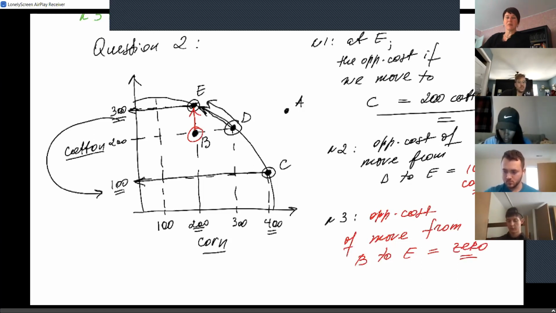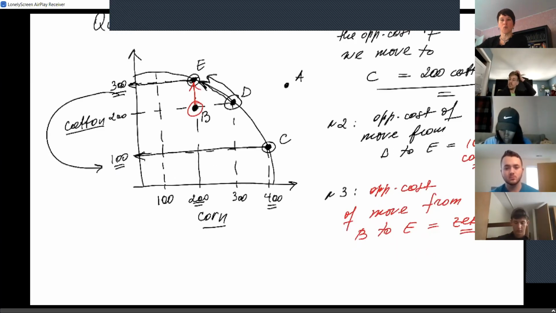Why? Remember we talked about points on the frontier and under the frontier. We said that points on the frontier are attainable and efficient. Points under the frontier are still attainable, still within the physical ability of a firm or a farm to produce, but they're not efficient. So the movement from anywhere under the frontier to the frontier will simply increase our efficiency. All of a sudden, all your workers are working for you.